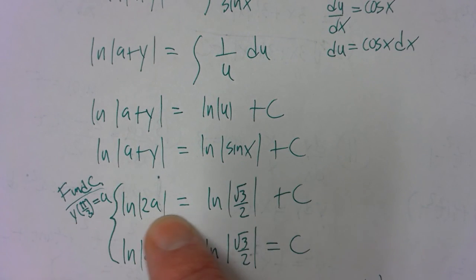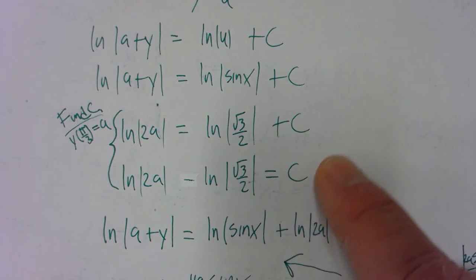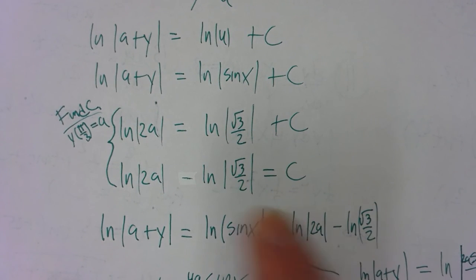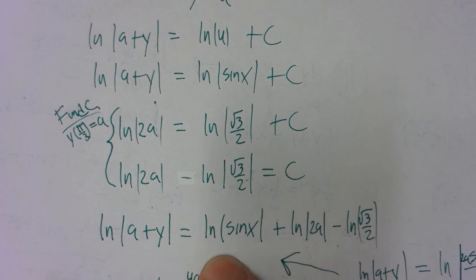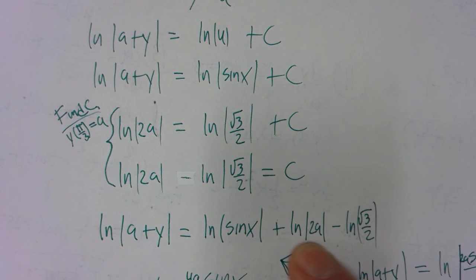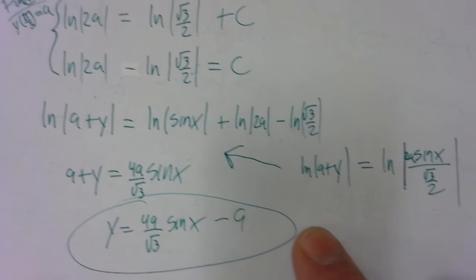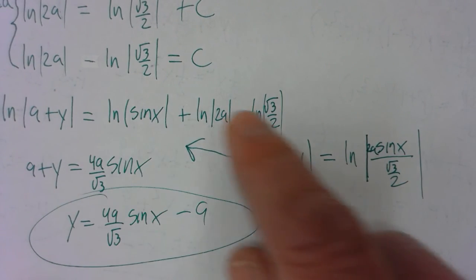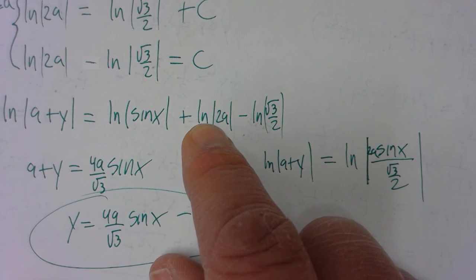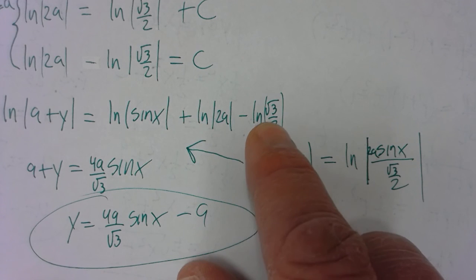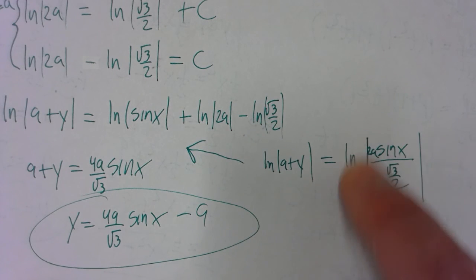I found c at this point, because that minus that's c. So I put that on the end. There's the c. Then I combined this all together into one thing, because addition means multiplying, and then that means division, so that's one big thing there.